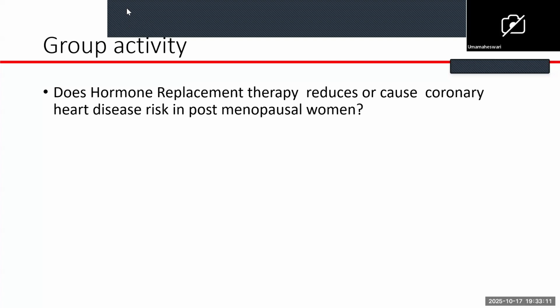For the outcome, you have a definition: if it is self-reported, or whether you will confirm with your ECG or whatever, you can decide. So you are measuring your exposure and outcome at the same time. This is your cross-sectional study.